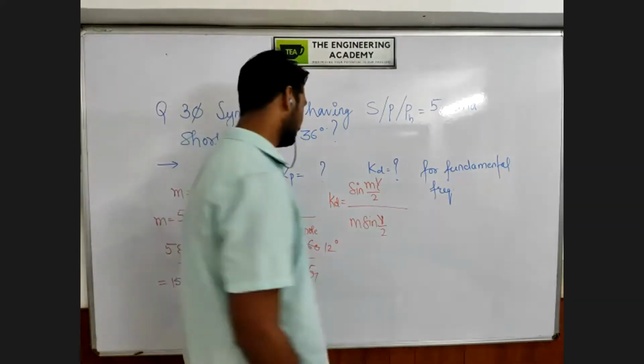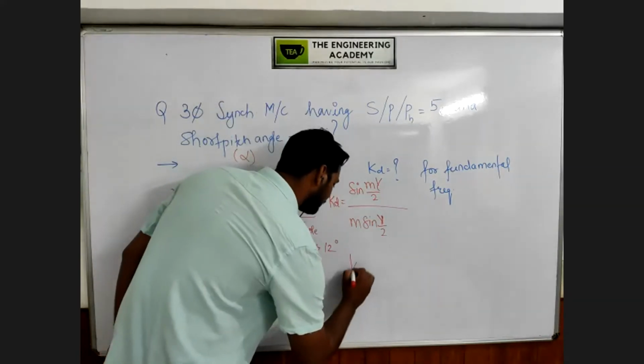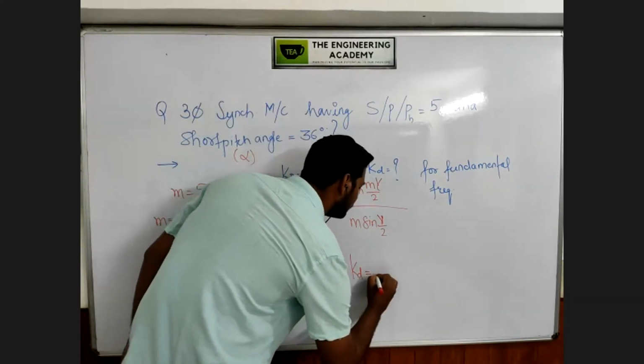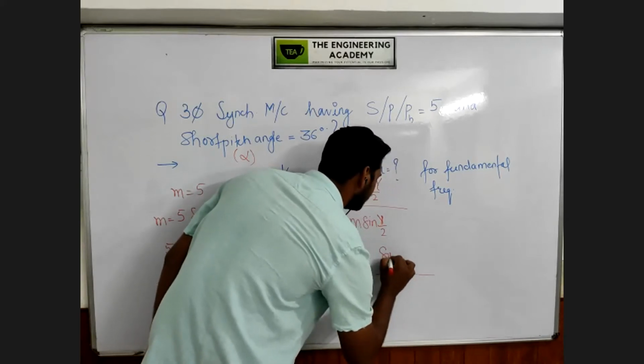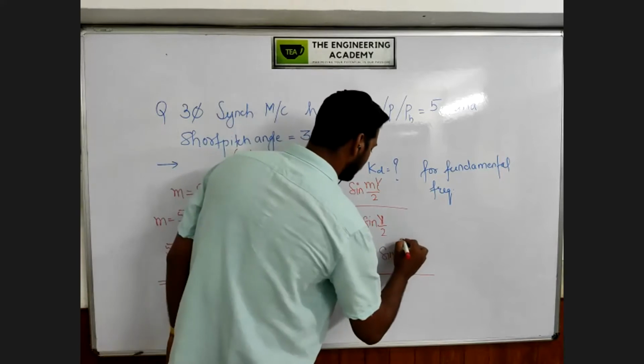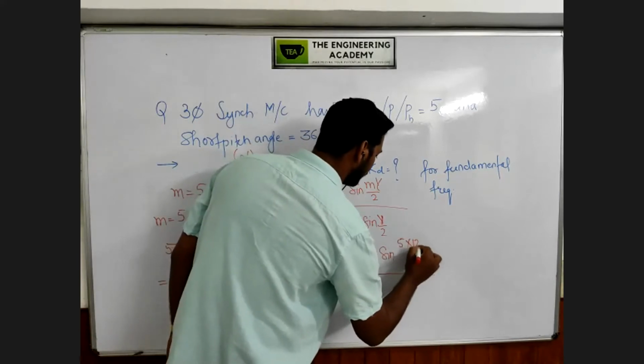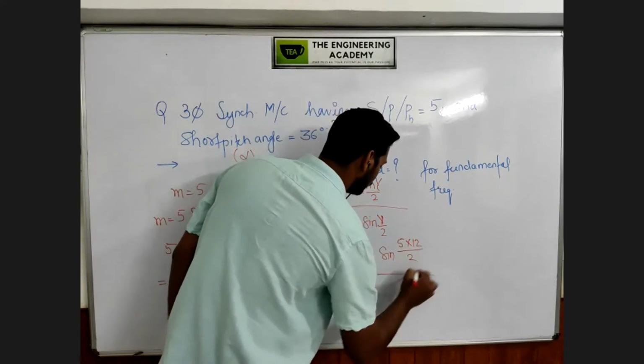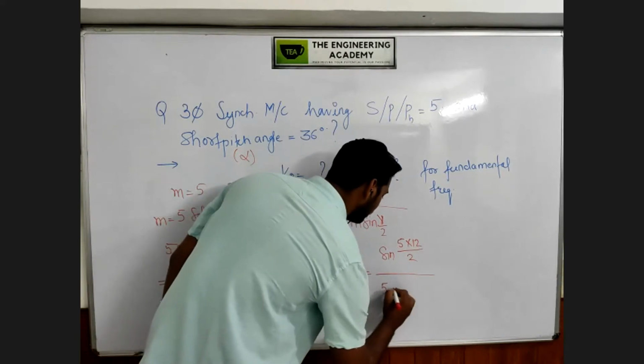And can anyone tell me what will be the value of kd? Sine of m gamma by 2. What is m? m is 5. So sine of 5 into 12 divided by 2.